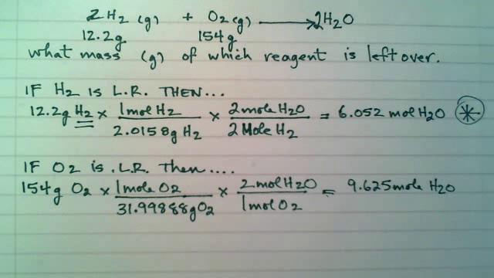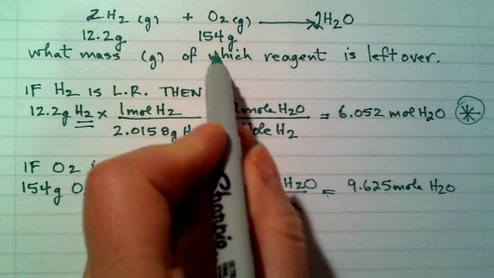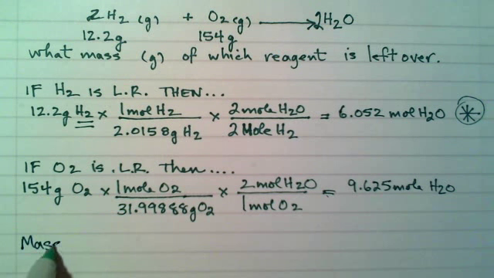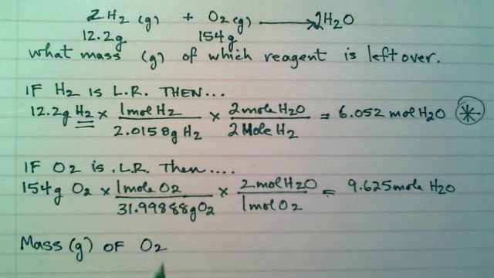The only way I can determine how much oxygen is left over is I first have to figure out how much actually reacted. I'll take it away from the initial and I'll be left. So the last thing I'm going to do is a little calculation by difference. And so the mass in grams of O2 reacted, what is that?